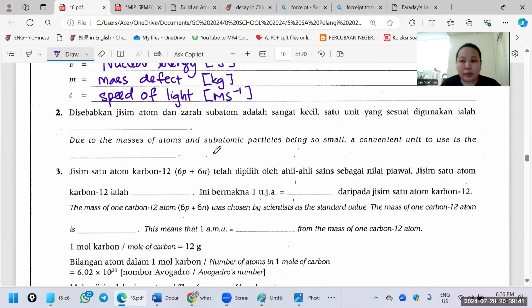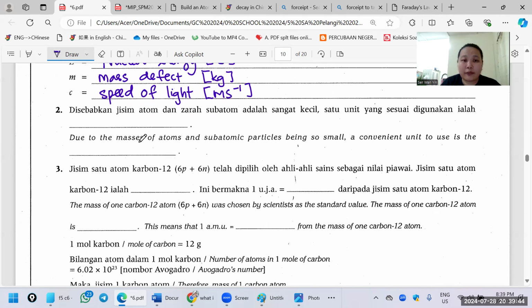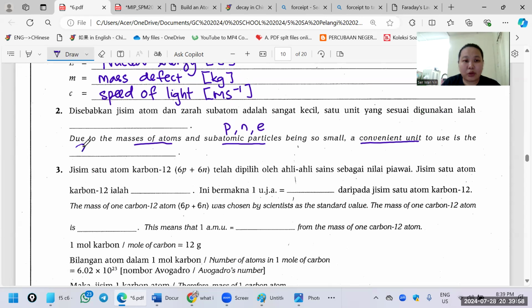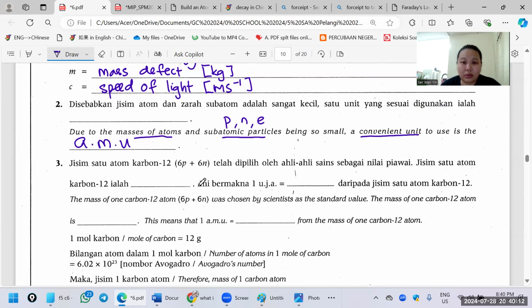Now, because the masses of atoms and subatomic particles, meaning proton, neutron, electron, are so small, a convenient unit is used, called AMU. We don't use kg because it would be a very small number. AMU is called atomic mass unit.